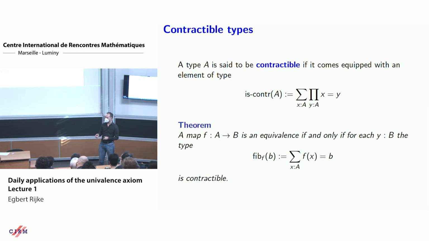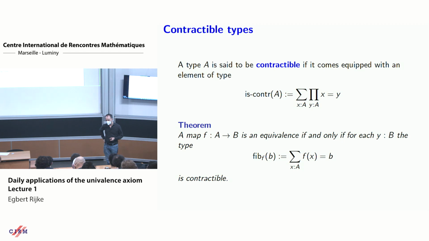He gave interpretations of all of the ingredients of type theory, and showed that indeed the univalence axiom holds. But of course the simplicial sets form an infinity topos.